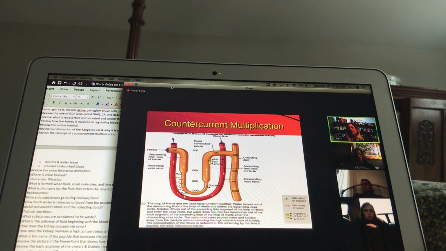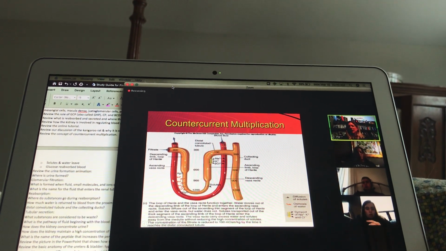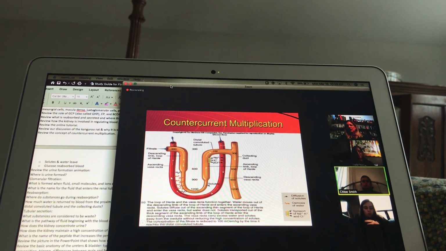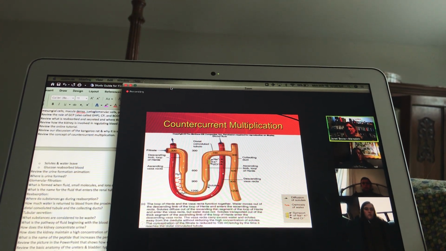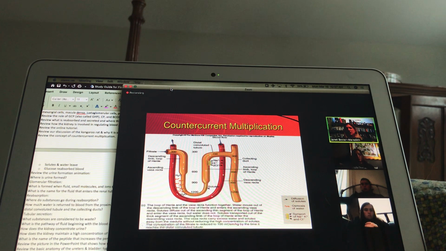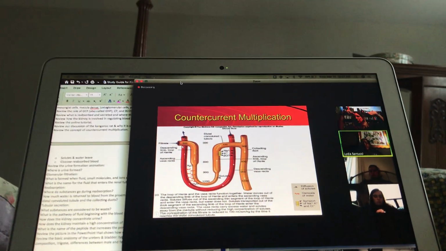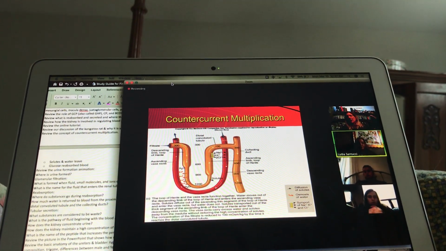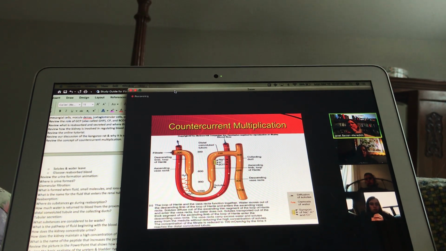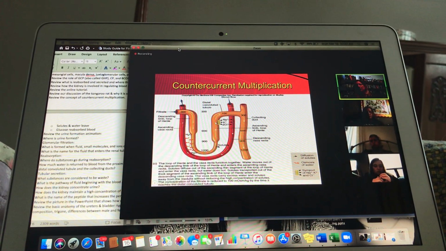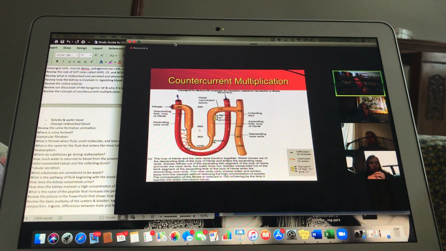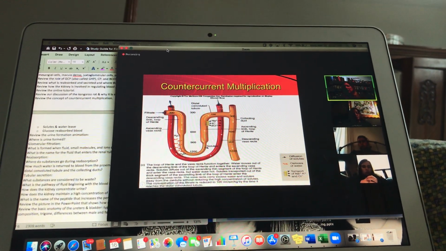And then what happens over here, though? What starts moving in there? Water. So we have the opposite thing happening, and it becomes less concentrated. So we have these two loops running in opposite directions, and when things go out of one loop, they go into the other loop. If we have ions leaving the filtrate, they're going to go into the blood. And if we have water leaving the filtrate, it'll go into the blood.